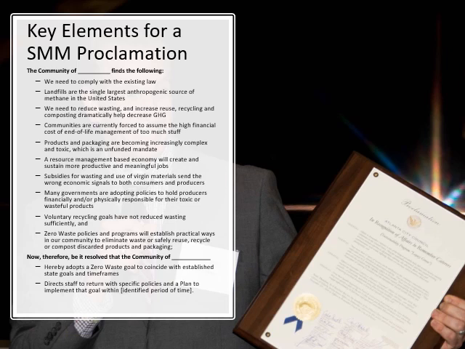So it can be a nice little proclamation like that. For example, this is something that the city council in Atlanta used for one thing, but communities have done this for zero waste. And I'm sure that Berkeley has one. I just didn't have a picture of it.